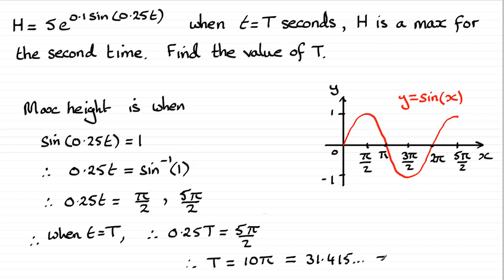And if we round that, say, to one decimal place, it's going to be 31.4 to 1 dp. I haven't put the units in here as seconds purely because we know that t was measured in seconds, okay? So we just need to quote the value of that. 31.4 then, when it reaches its maximum height for the second time.